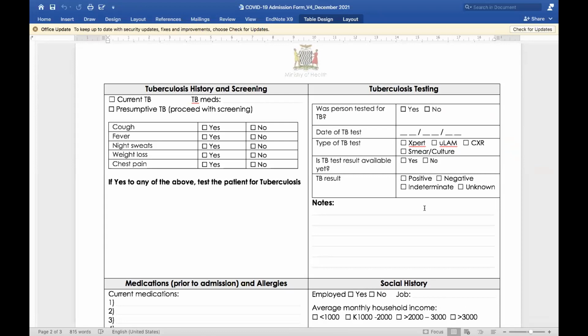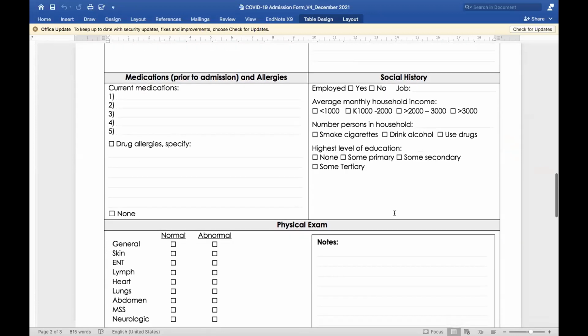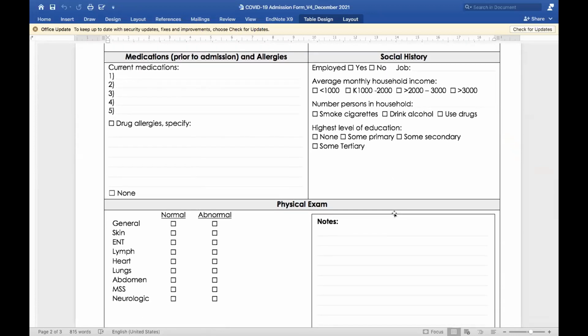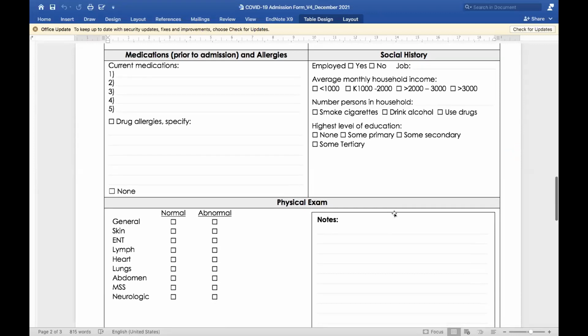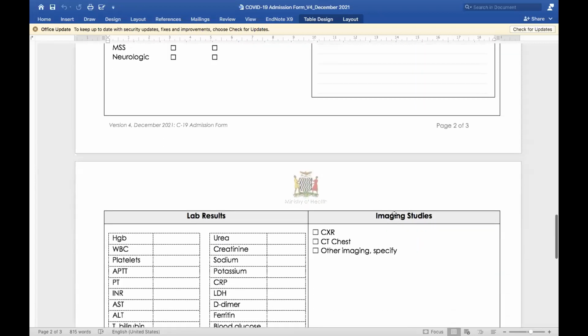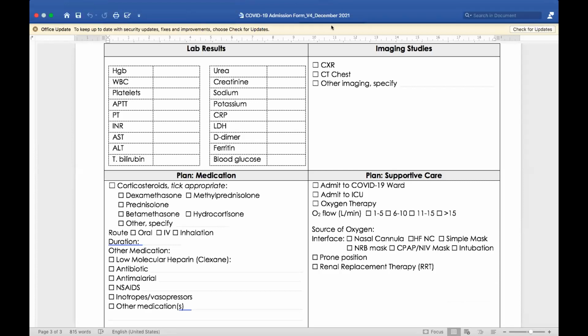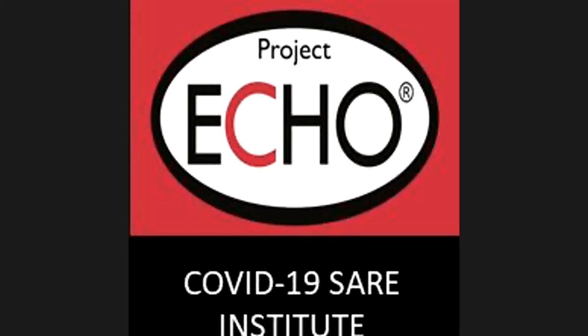Furthermore, we have gone on to have this form put on a one-pager that will be hard and will act as a file. So it will not be the soft paper, it will be hard. There's a follow-up form that has to be filled for every patient.